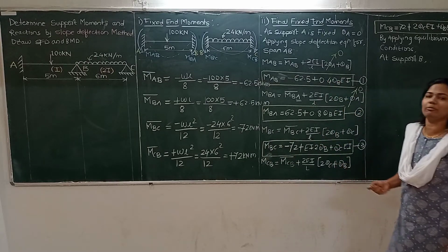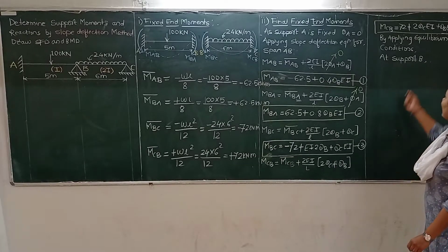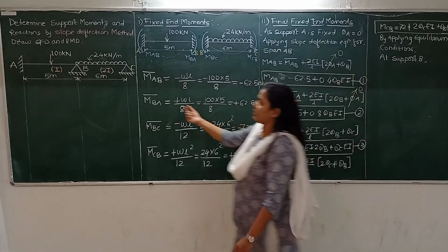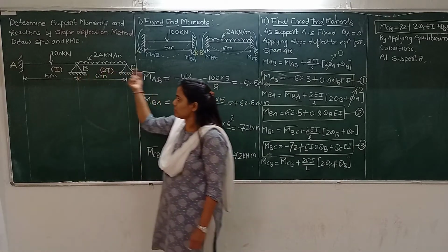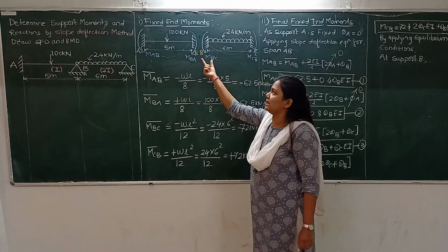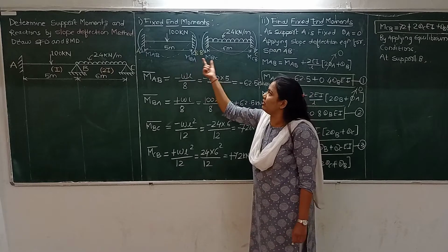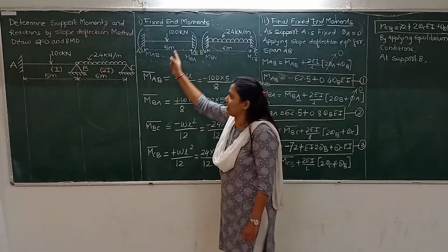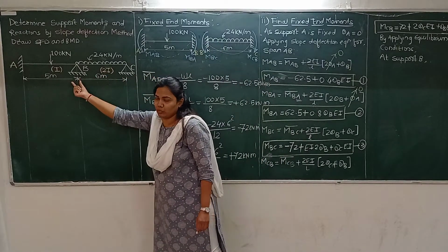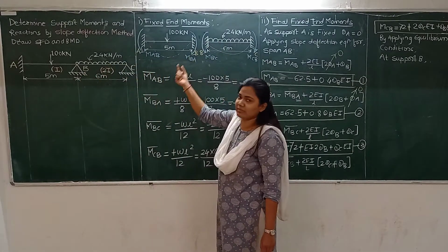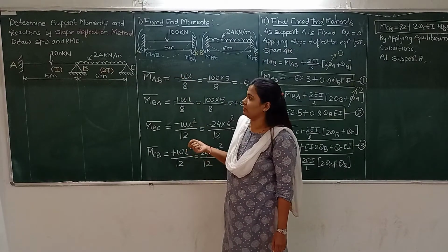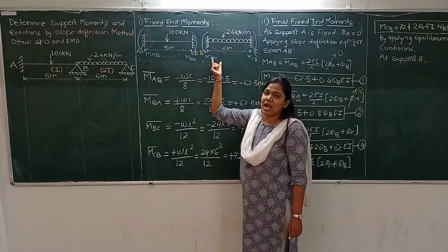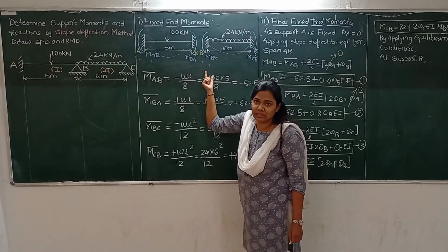So let us apply the equilibrium conditions at the supports. Let us first apply the condition at support B. At support B, these are the developed fixed moments. This B is an intermediate support, so the bending moment value at the support is 0, but the developed moments here, these two, have the same magnitude but opposite direction.